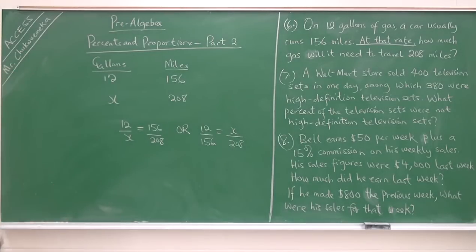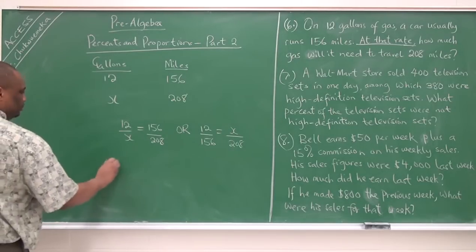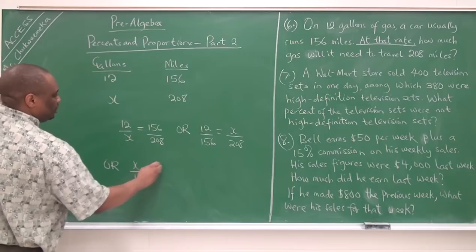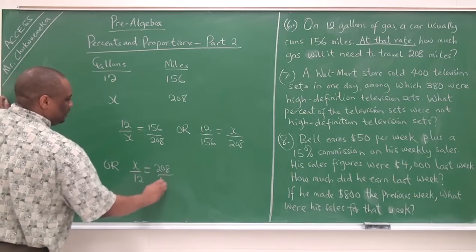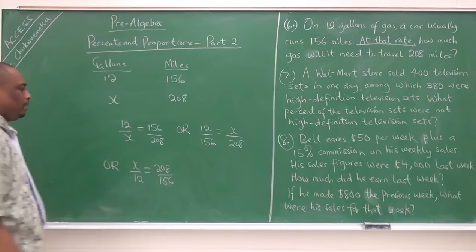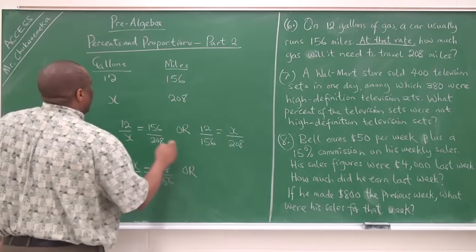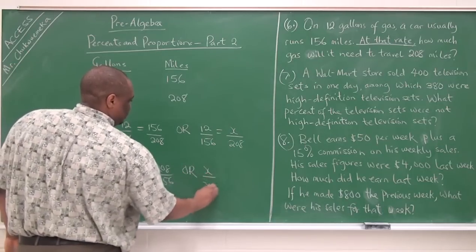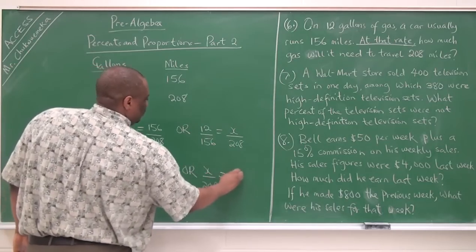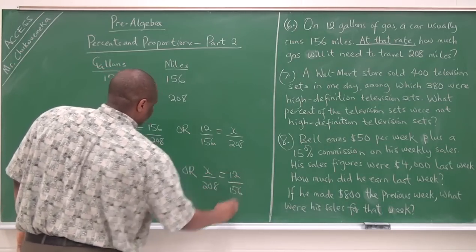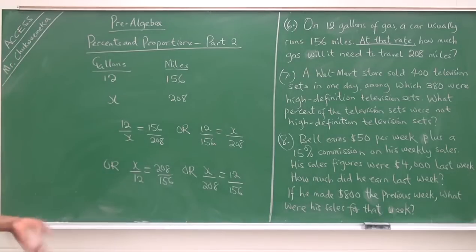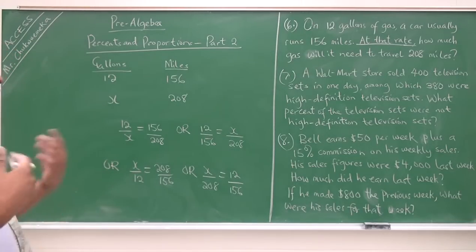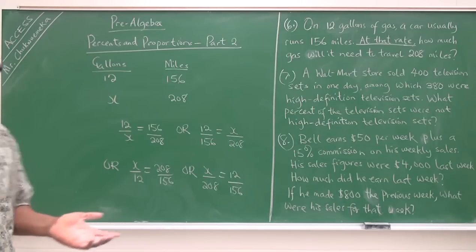Or you can compare it that X over 12 is equal to 208 over 156. Or X over 208 is equal to 12 over 156. Whichever way you apply, you will get the same answer. These are the 4 ways that we can write proportions.